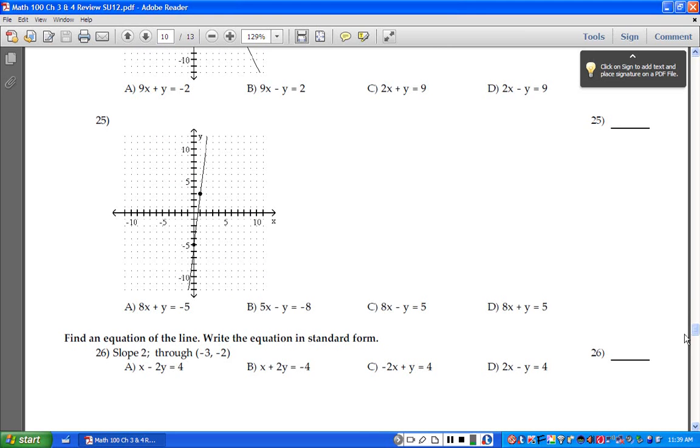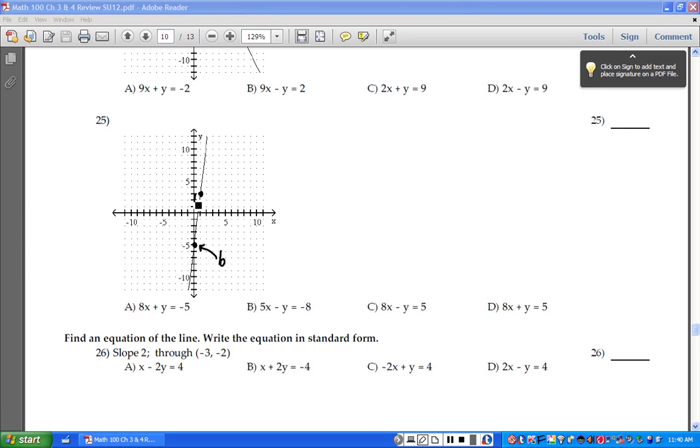Okay, 25. Doing the same thing. Just a repeat of the same thing. I have a point right here at y equals negative 5, so there's my b. And from here to get to this second point that was given, I go up 1, 2, 3, 4, 5, 6, 7, 8.